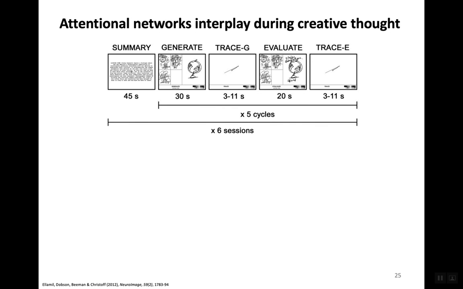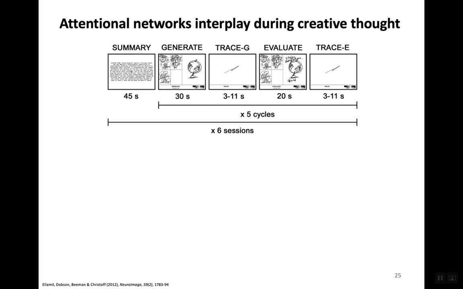Then in response to that piece of text, they had to generate a drawing, right? So they were directly asked to be creative in terms of generating a drawing. Then they proceeded in a controlled condition to just trace a contour of an image, and this is just for the purpose of isolating areas responsible for motor control as opposed to creativity.